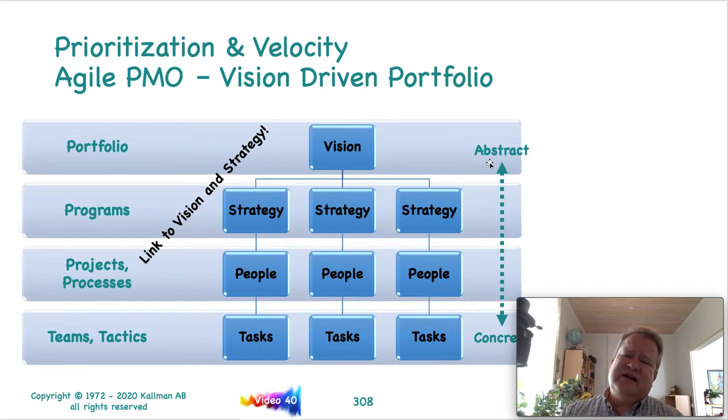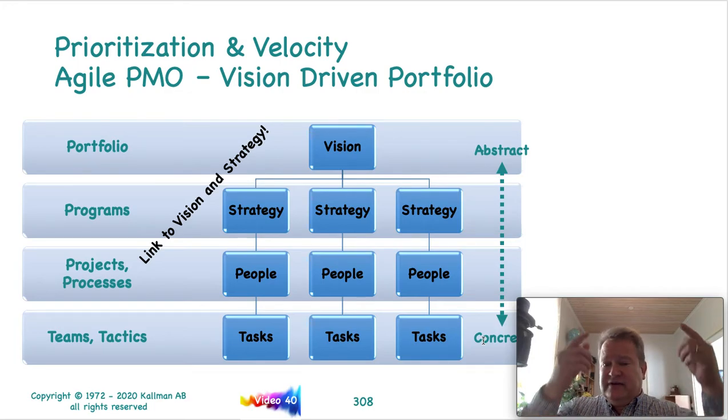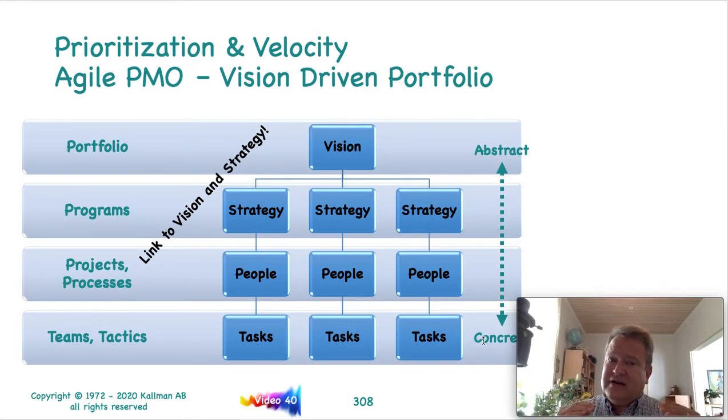And you'll notice that at the top level, that's very abstract, but when you get down to the task level, that's very concrete. And that's how you take things from abstract to concrete. That's how you take it from the clouds to street level and actually deliver on the vision that the organization wants to deliver. And all of these projects and processes and whatever, programs and so on, they all need to be linked to vision and strategy. And that's always a disconnect in basically every company I've ever seen.